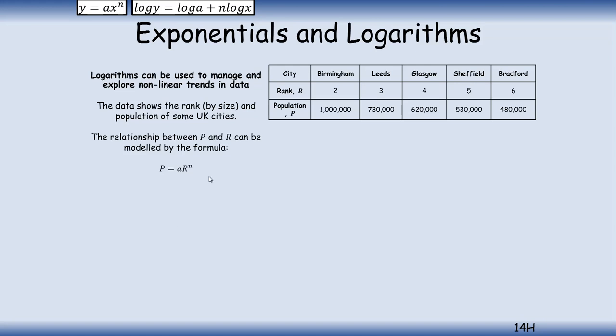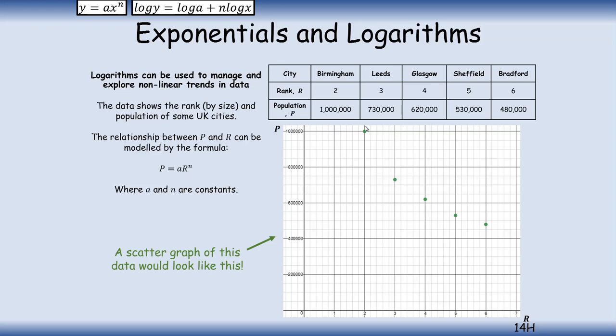We can model this by the formula P is equal to A r to the power of n. A and n are both constants. We could draw a simple scatter graph. It looks like that, and you can see there's a slight exponential curve there.